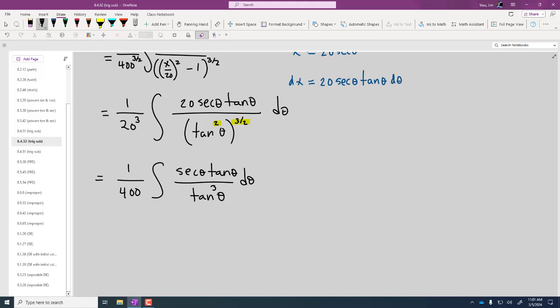So one of those tans is going to cancel. So that gives us secant, oops, I forgot the 400. Secant over tangent squared, d theta, with 1 over 400 out in front.